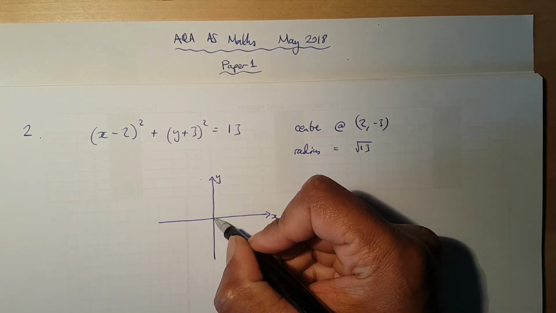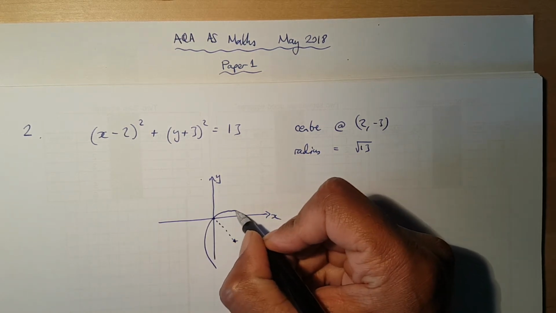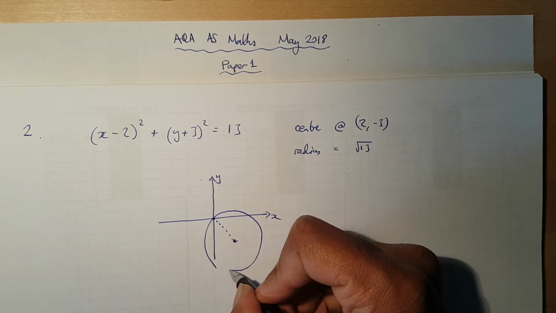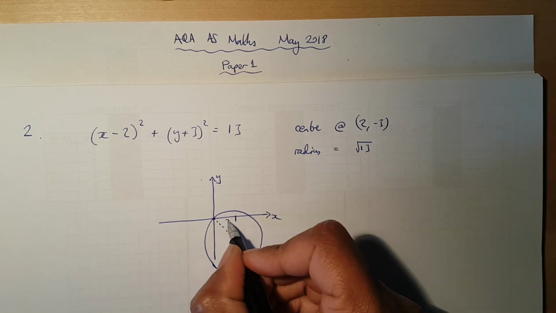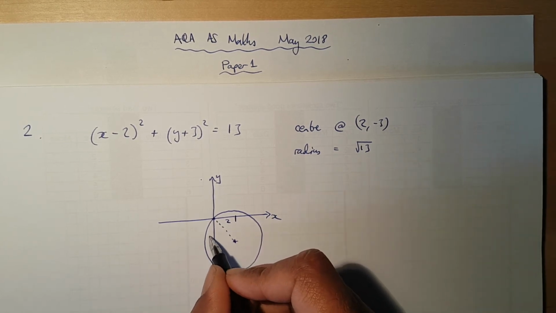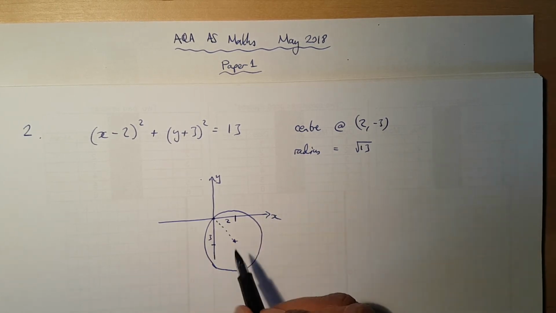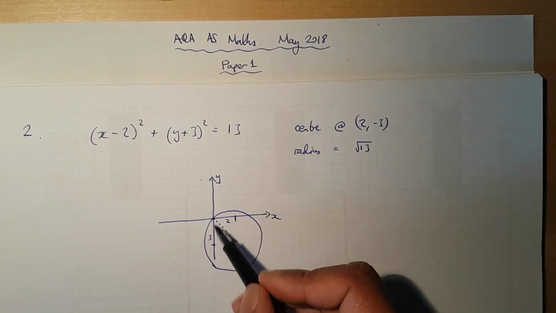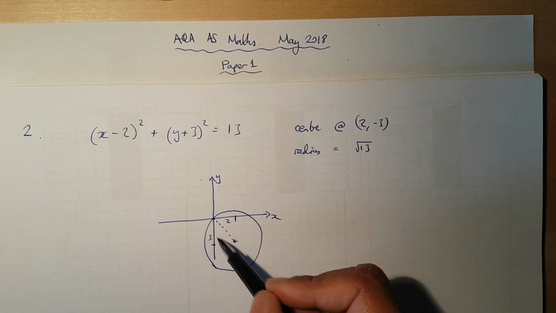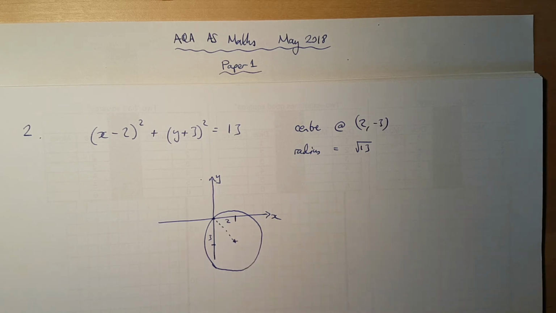And I've got some sort of circle that looks something like that. That distance there is 2. That distance there is 3. And that distance there must be square root 13. That's not a surprise to me. 2 squared plus 3 squared is 4 plus 9 is 13. So that will be the square root by Pythag.